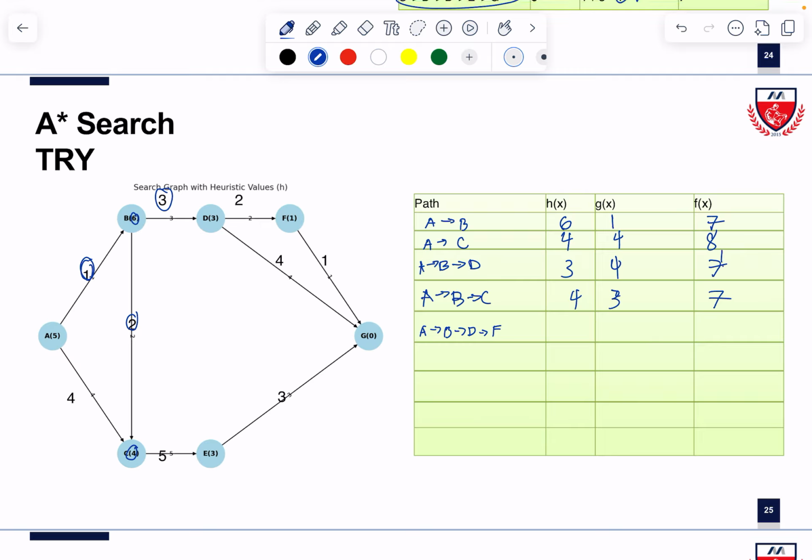Okay. So both 7. Now let's move to visiting the children of A, B, D, F. Because both are 7, no? A, B, D, F. So from A to F, that is 1 heuristic. Actual cost is 1, 3, 4, 6. This is 7. ABD, ABD.